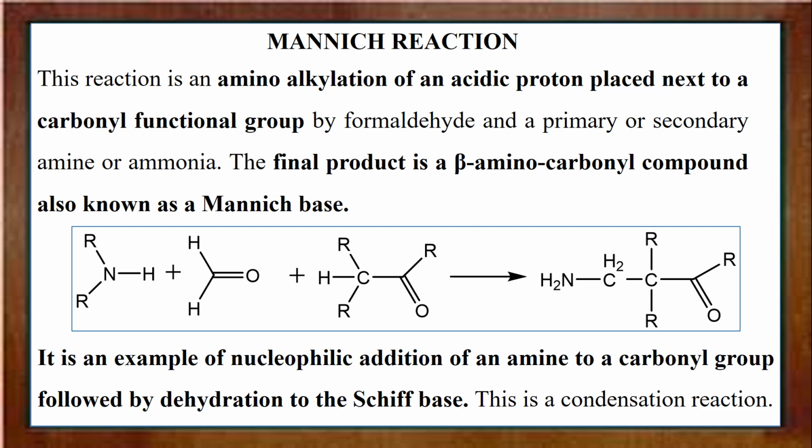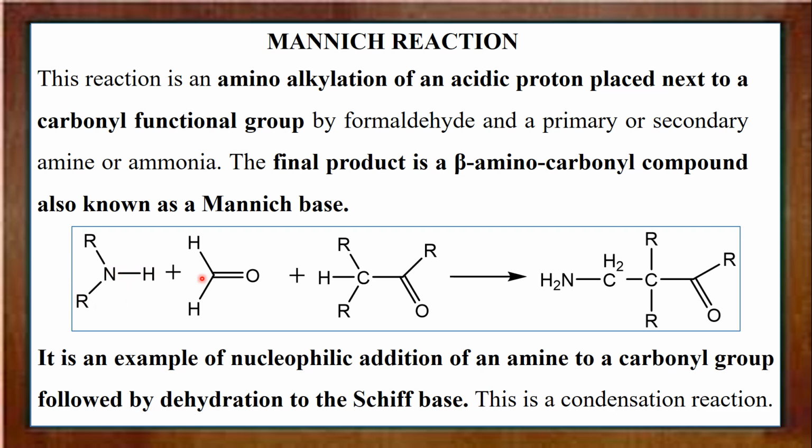Another very important reaction is the Mannich reaction. In this Mannich reaction, we take a carbonyl compound with alpha hydrogen. This alpha hydrogen is replaced by an amino alkyl group in the Mannich reaction. For this, we use ammonia, a primary amine or a secondary amine.